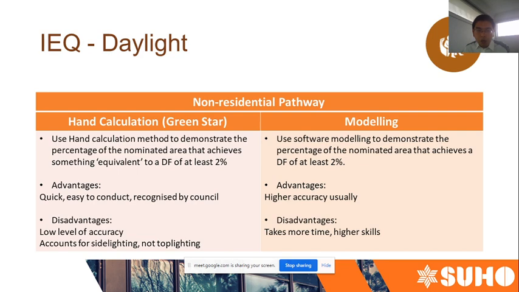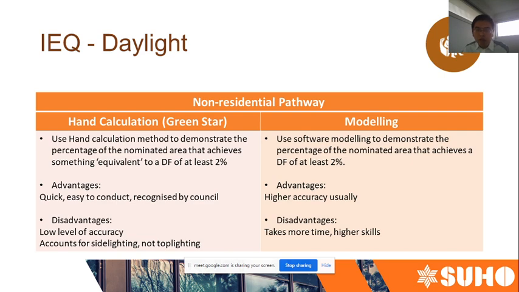So, what's the good point of doing a hand calculation? Using a hand calculation means it's very quick and easy to conduct. And the most important thing is it's also recognized by the council. But it also has its disadvantages: it has a low level of accuracy and it only accounts for side lighting, not top lighting.